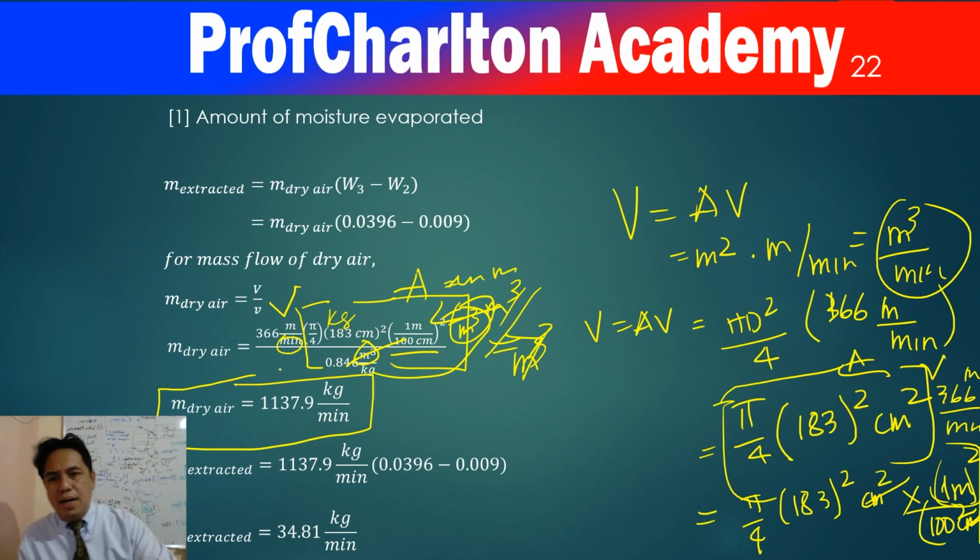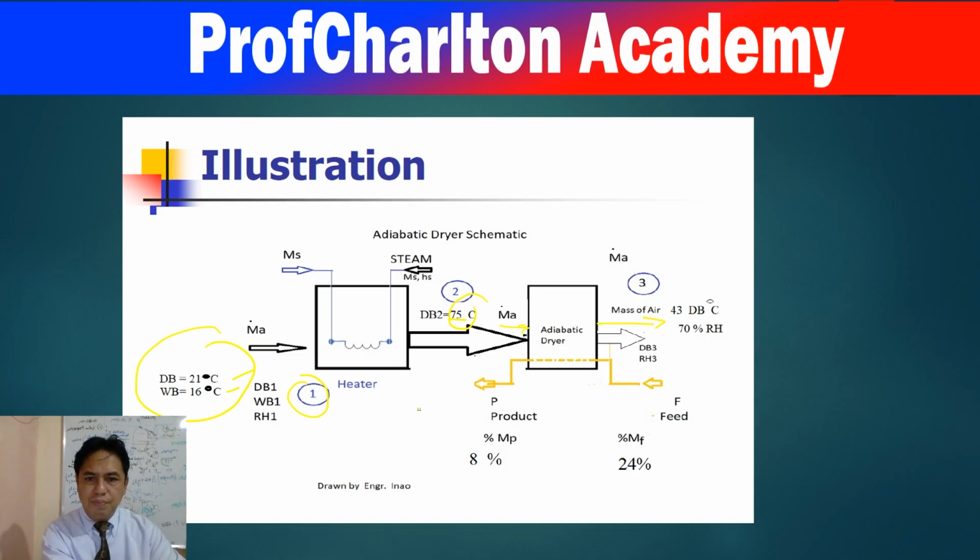So here is the mass of extracted, no? Not yet. Mass of dry air. We're still in the dry air. So this is the dry air that is entering at point one, no?